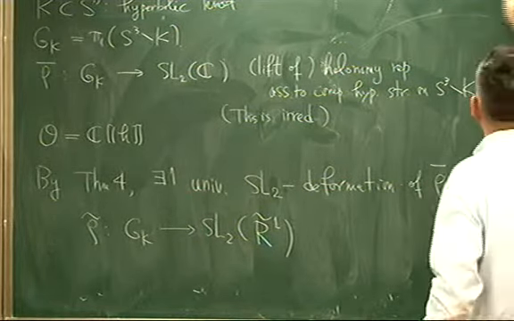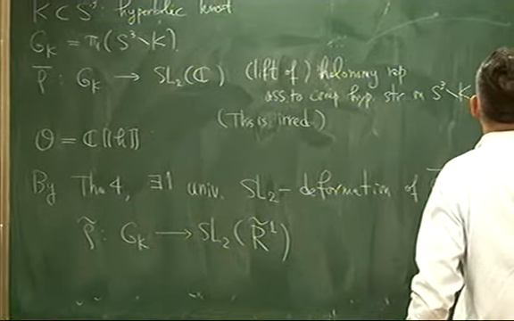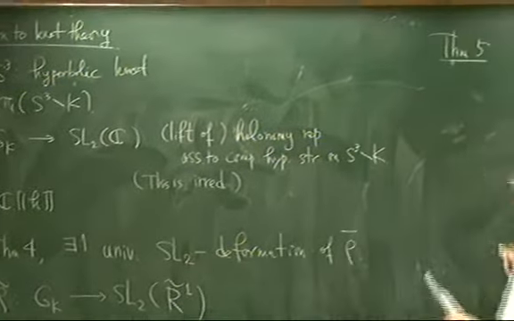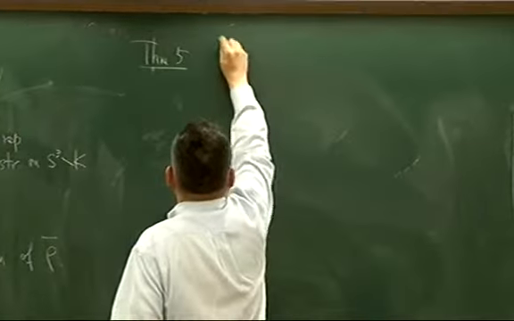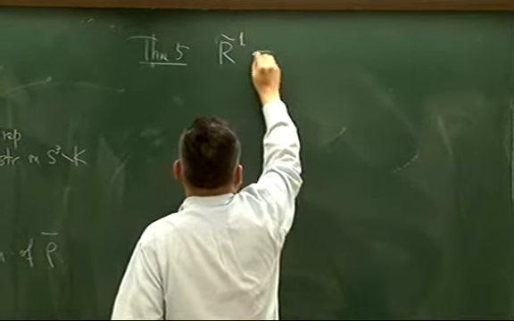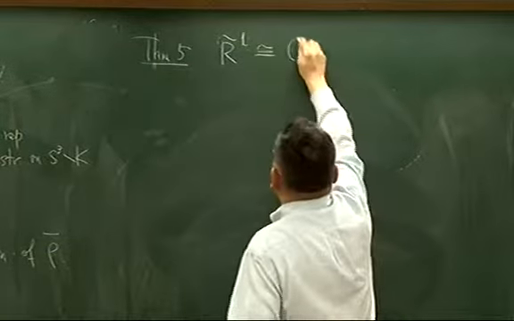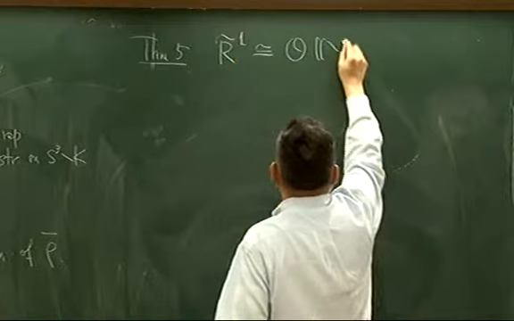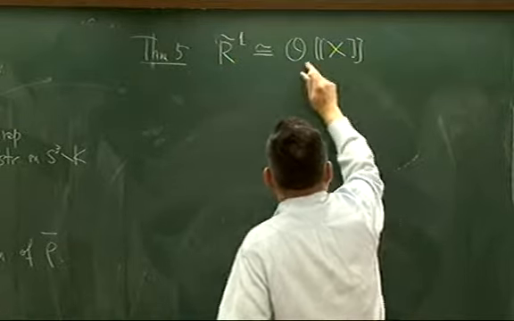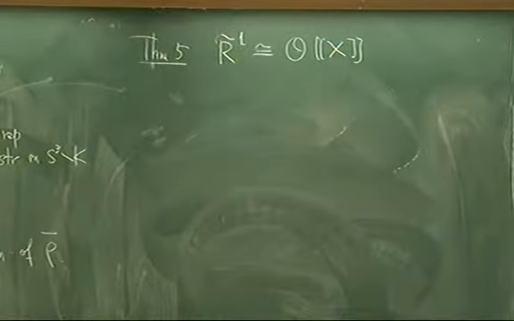Then our theorem 5, which we proved recently, says that this R tilde_1 is isomorphic to the formal power series ring in one variable over C. So in this case, R tilde is given explicitly.